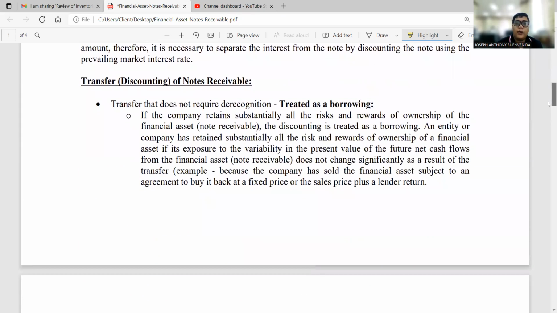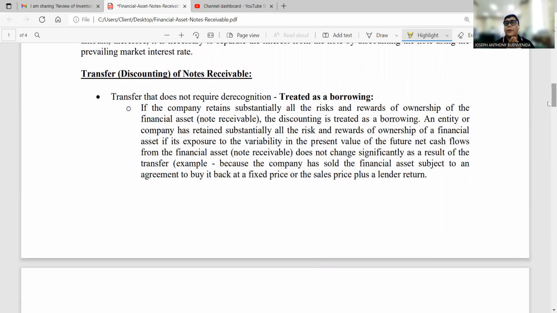Now, transfer or discounting of notes receivable. There are only two treatments: either you treat it as collateral, as if you borrowed money, or you sell the notes receivable. How do you know if it was sold? If all the risks and rewards regarding that notes receivable are transferred to another party, it is a sale. But if you retain the ownership of that note receivable, you treat it as borrowing.